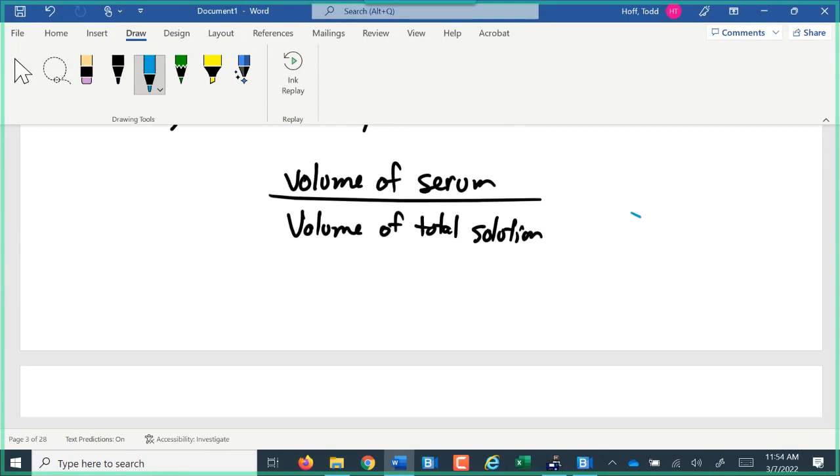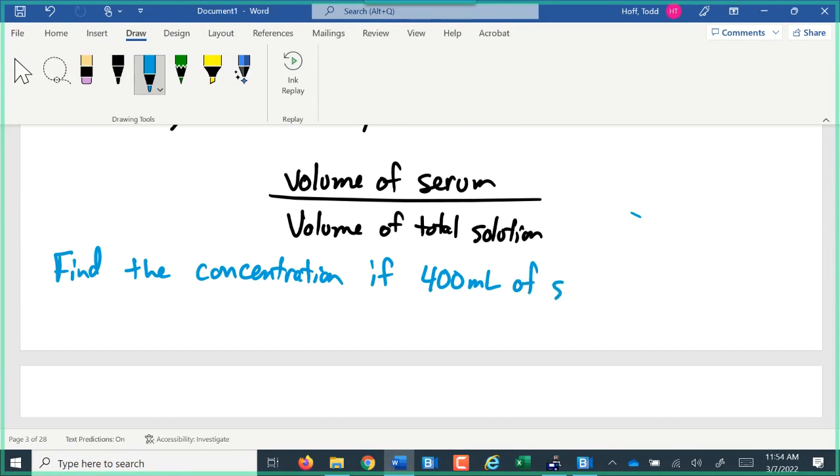So let's say here that we have, find the concentration if 400 milliliters of solution contains 60 milliliters serum.